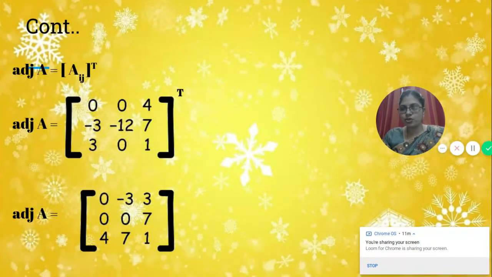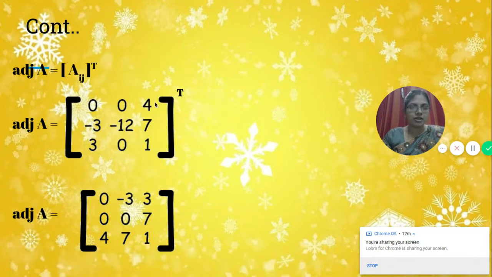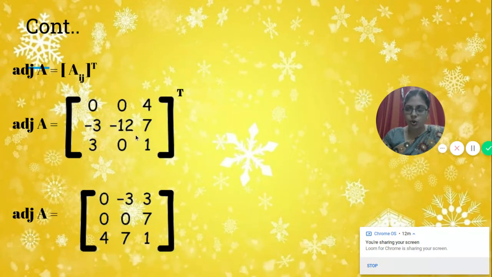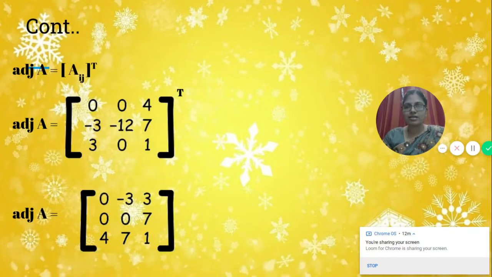The next step is to find the transpose of that matrix. That is, I have replaced the rows by the columns. I have written the first row as my first column, second row as my second column, third row as my third column. Now we have found the adjoint of A for a 3 cross 3 matrix in method 1.